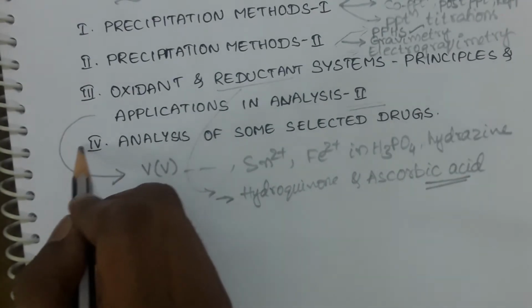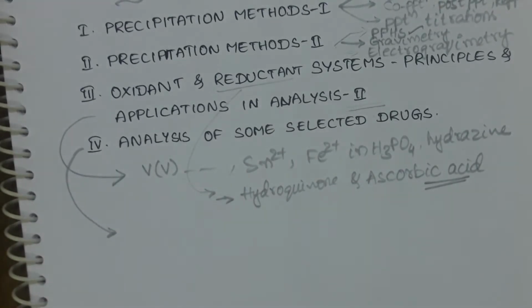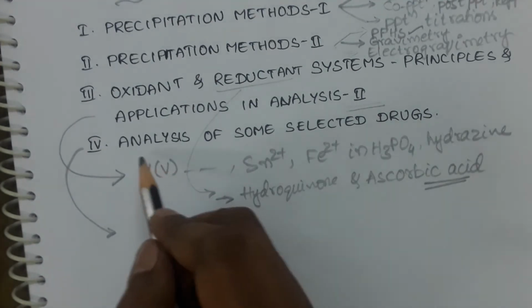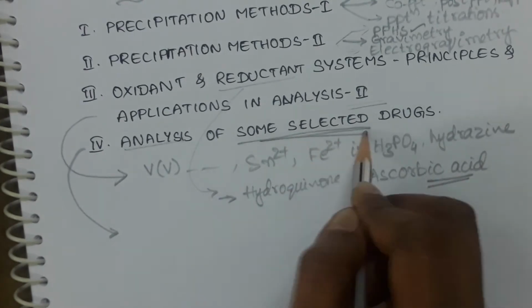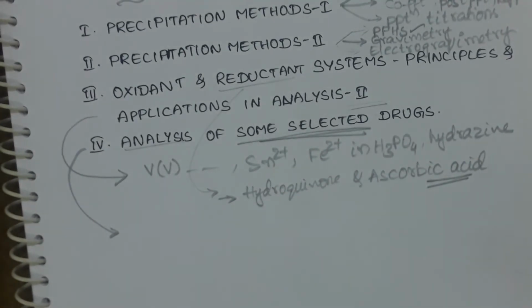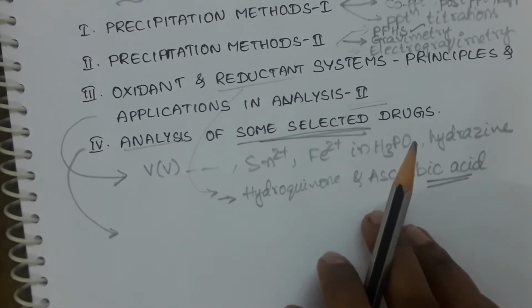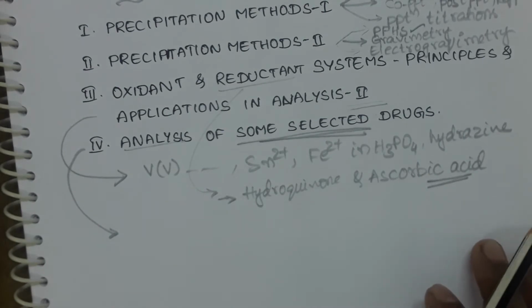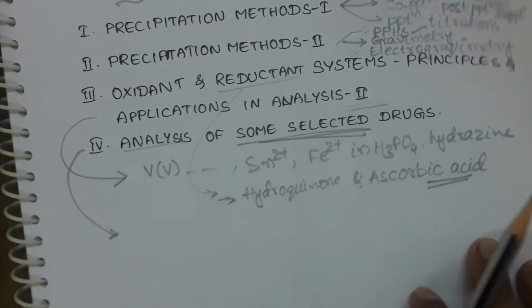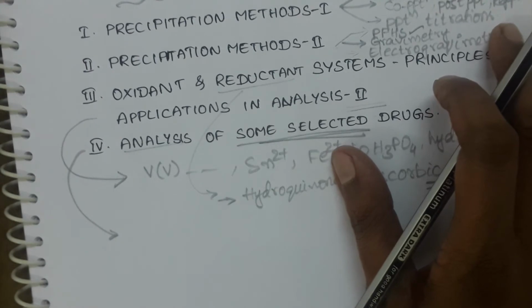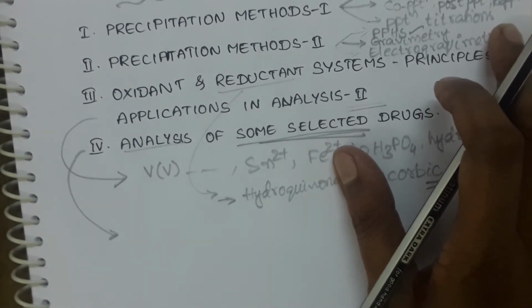And the last unit in fourth semester paper 2 is analysis of some selected drugs, like acetyl salicylic acid, sulfadiazine, and some steroids and corticoids like testosterone, progesterone and cortisone, and some antibiotics also.